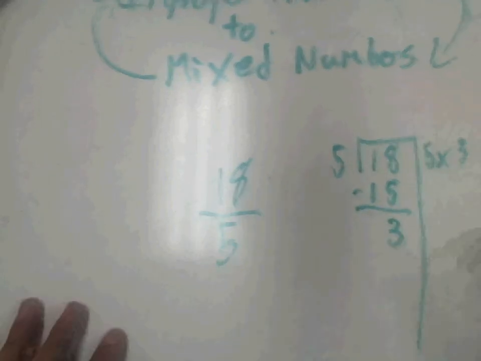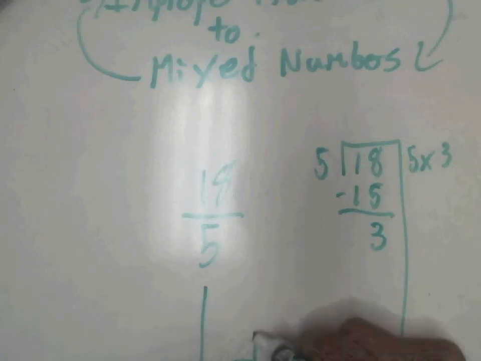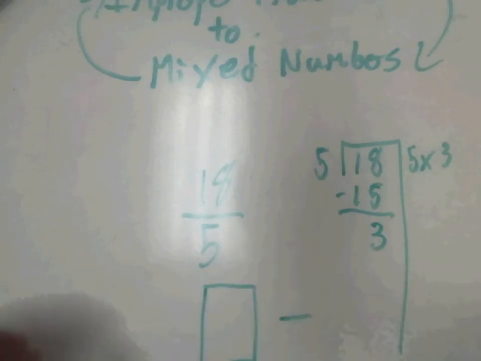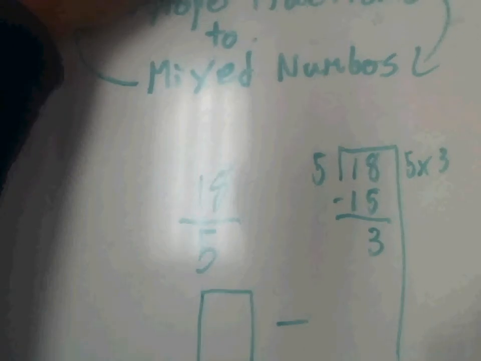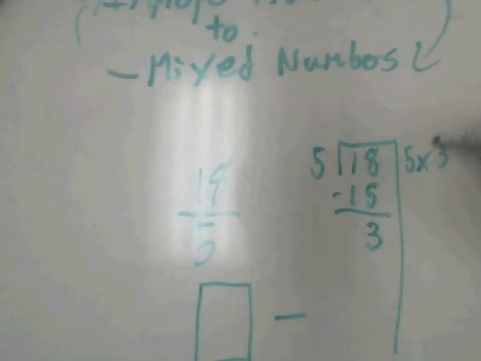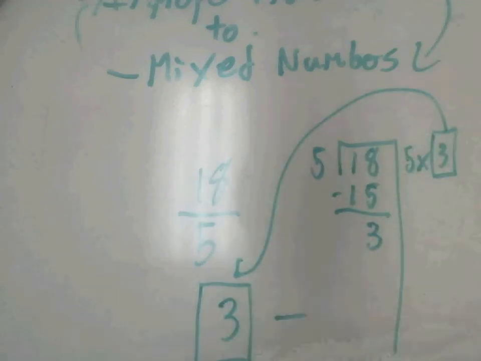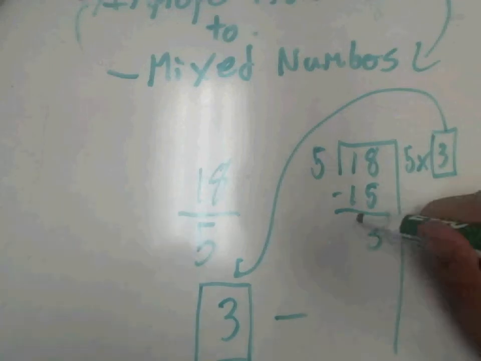So if we think about it again, we know we're going to have a whole number, and we know we're going to have a fraction in our mixed number, right? So we want to take our quotient, which is 3. That's going to go down here into our whole number. Our remainder is actually 3 as well, right?